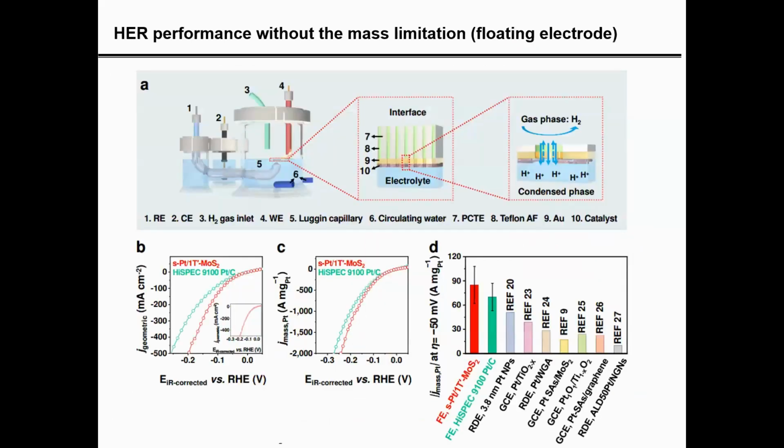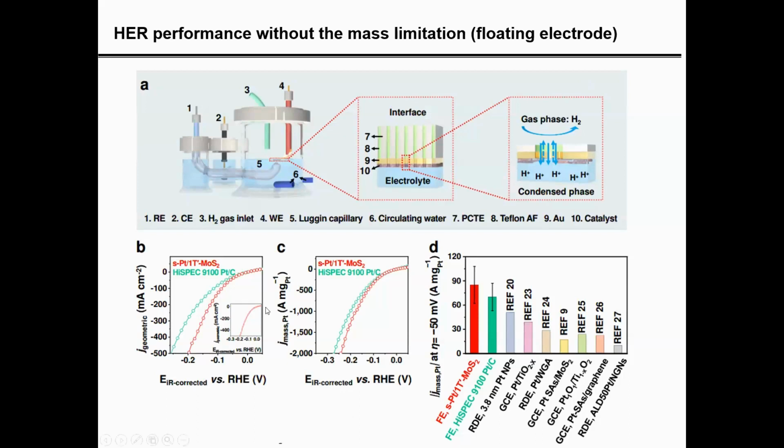After we got such a small single atom catalyst, we first tested the intrinsic activity of the catalyst by using the floating electrode. The floating electrode eliminates the limitation of mass transportation.